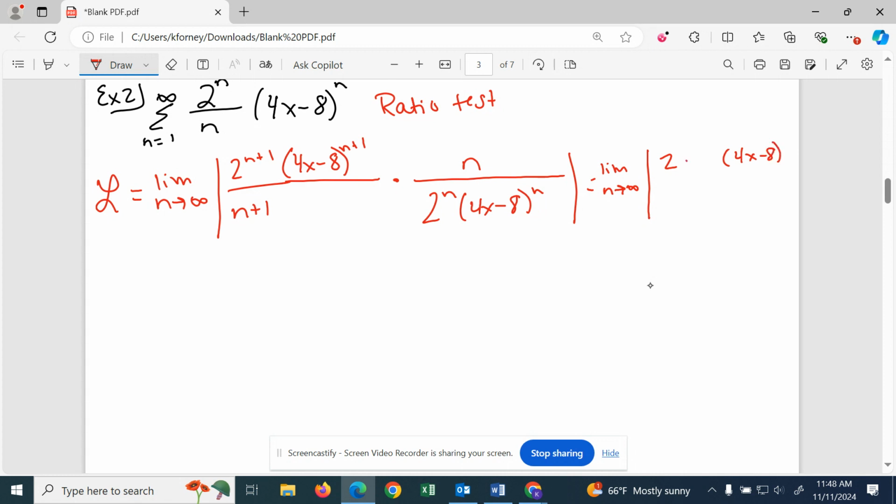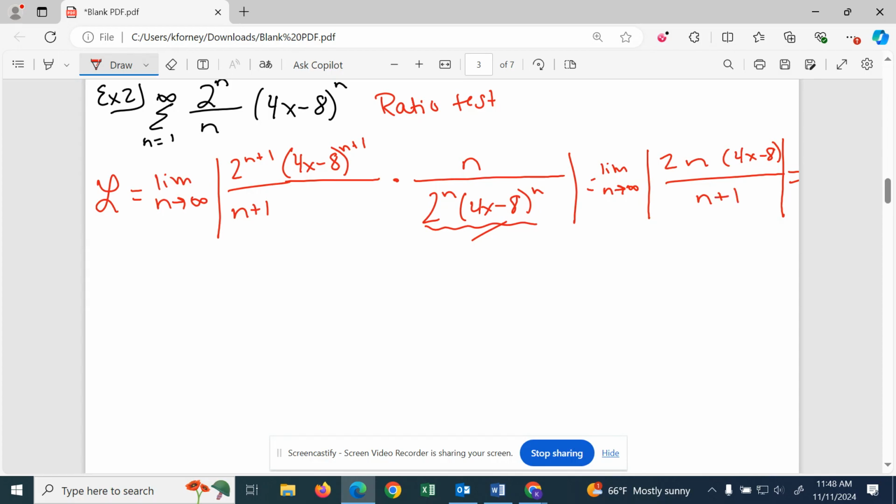And that n also doesn't have anywhere to go, so I'm going to just put it with the 2 instead of making it more separated. Then in the denominator, we already canceled, so we're just left with n plus 1.